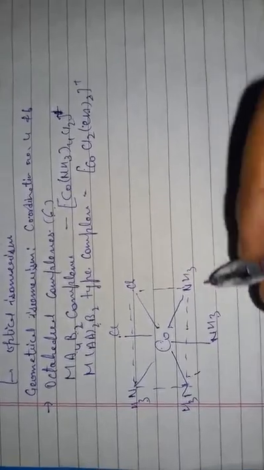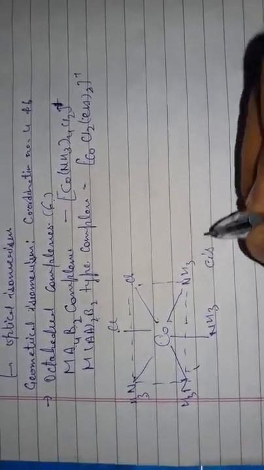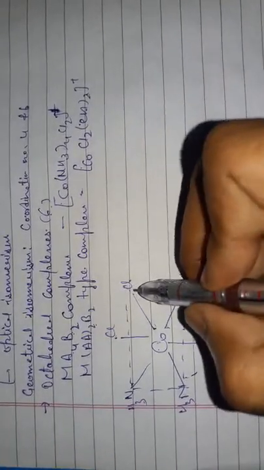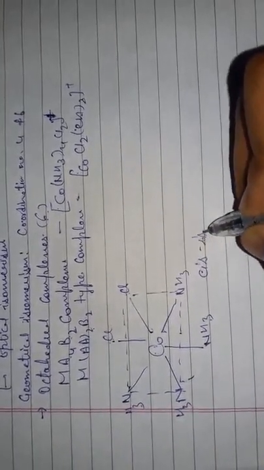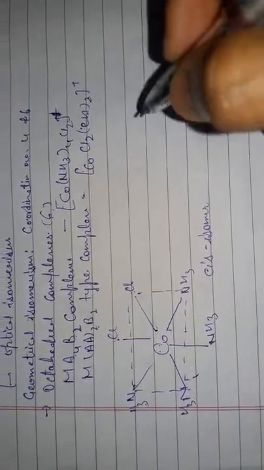So this is your cis isomer. You all know that when the ligands attach next to each other on the same side, that is the formation of the cis isomer.